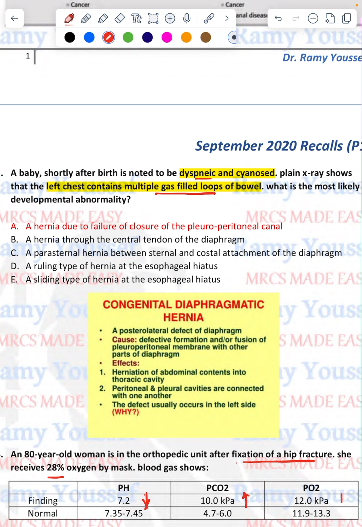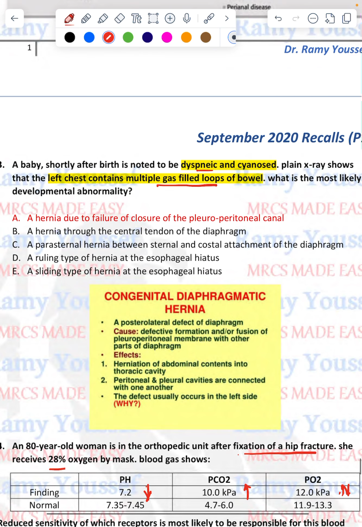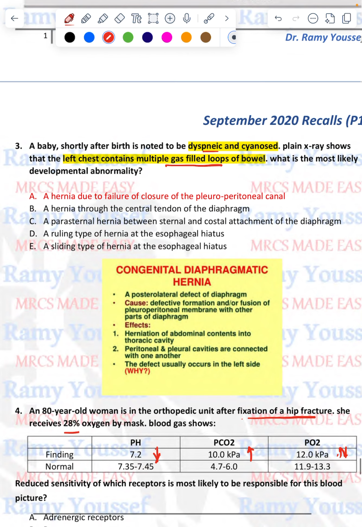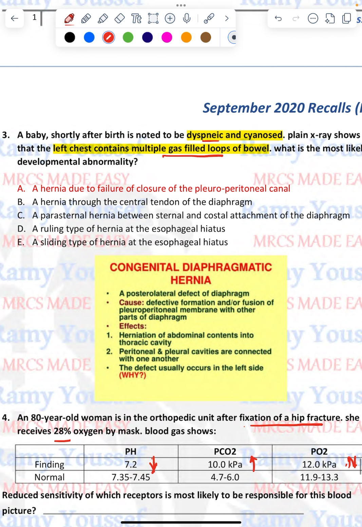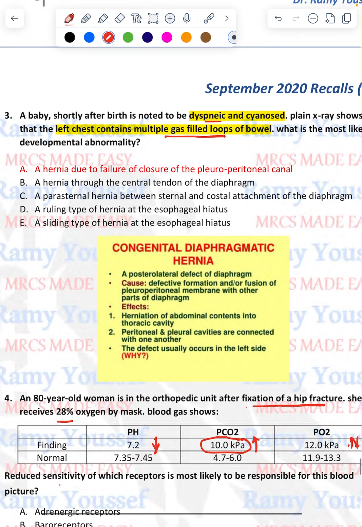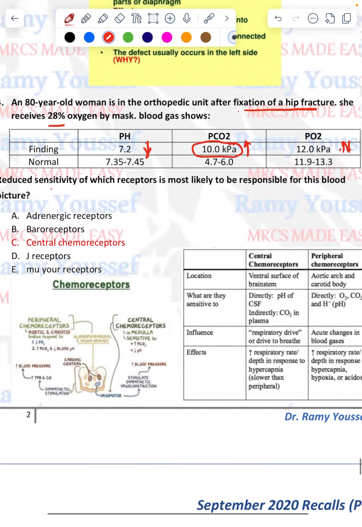PO2 is normal. So this is retention of CO2. If suppose he is now given morphine, which receptor is sensitive? Blood gas sensitivity is reduced because sensitivity to increased CO2 is not responding and the patient is not able to manage. Therefore, central receptors are not working.